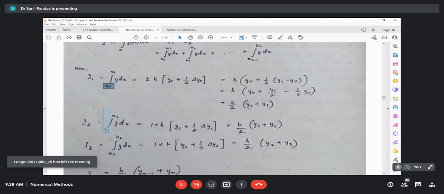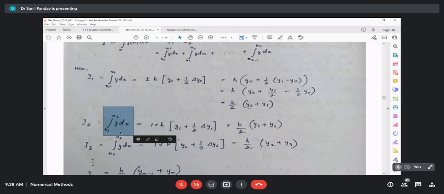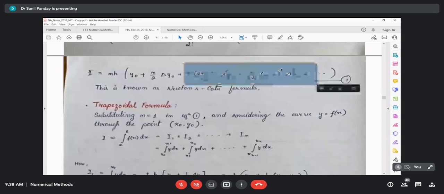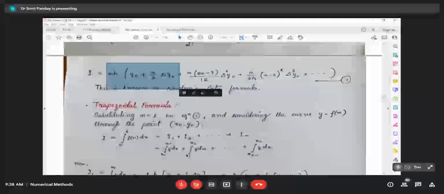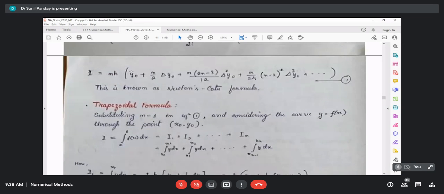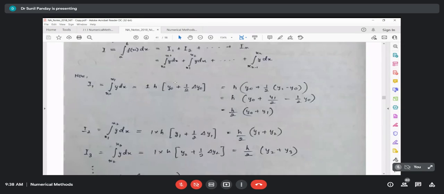So I approximate the same integral over the I2 interval, and because it contains 2 points, these higher terms are all 0. But the initial point is replaced by x1, so y0 is replaced by y1, and delta y0 by delta y1.